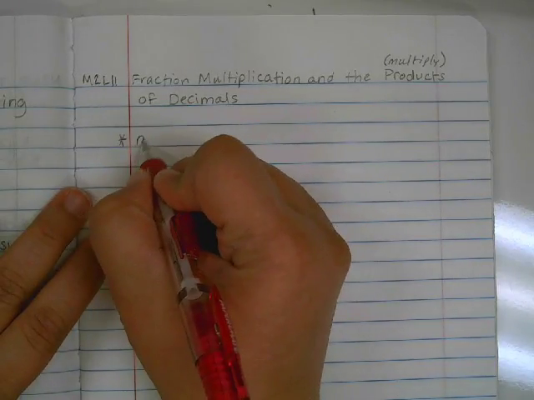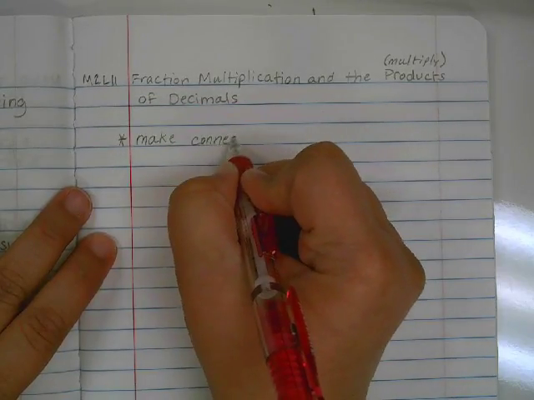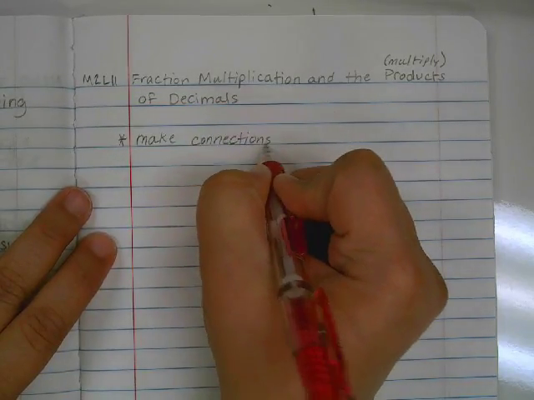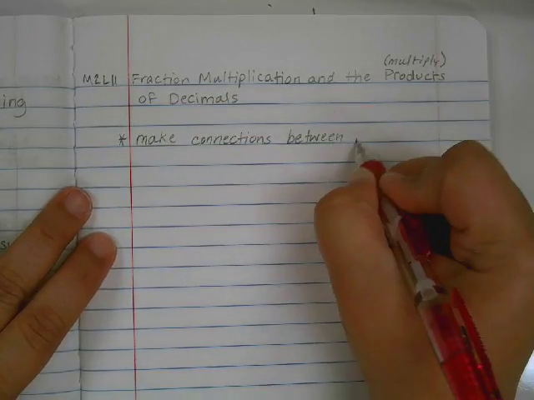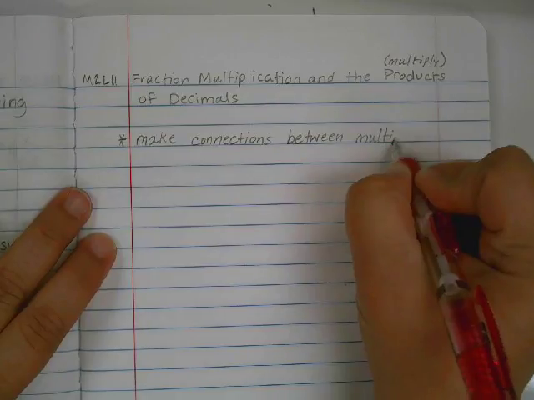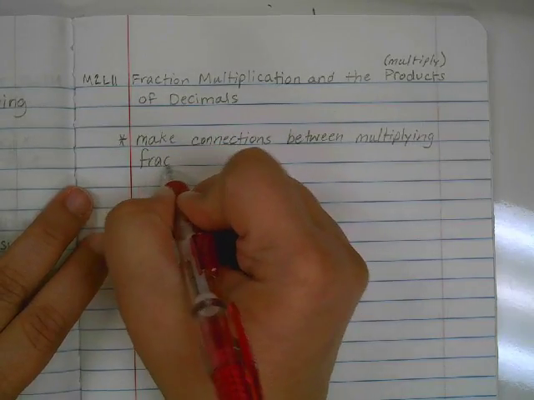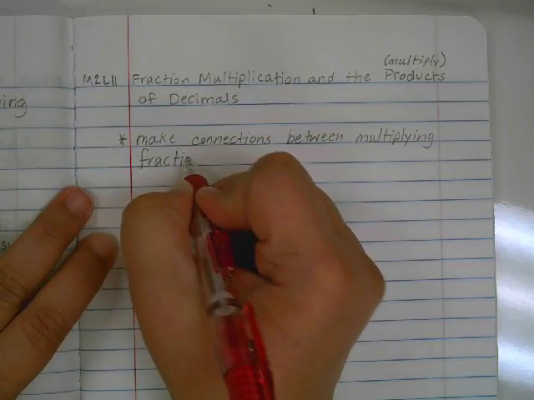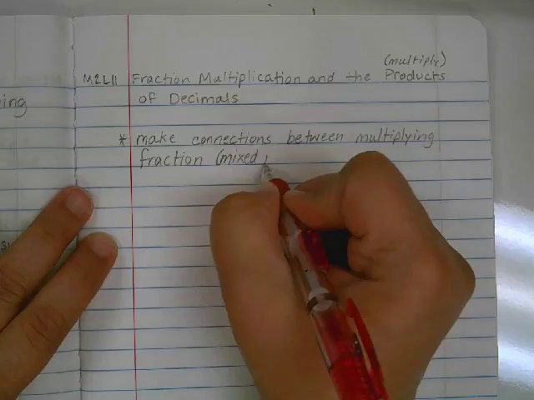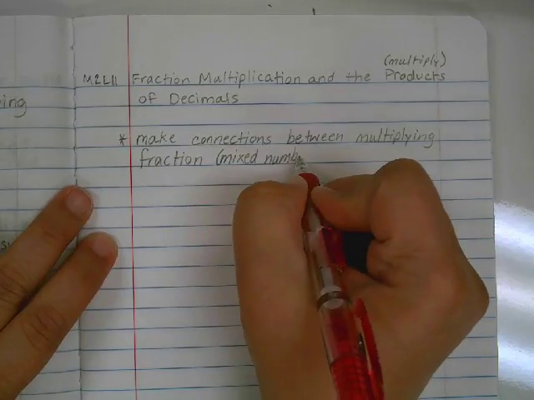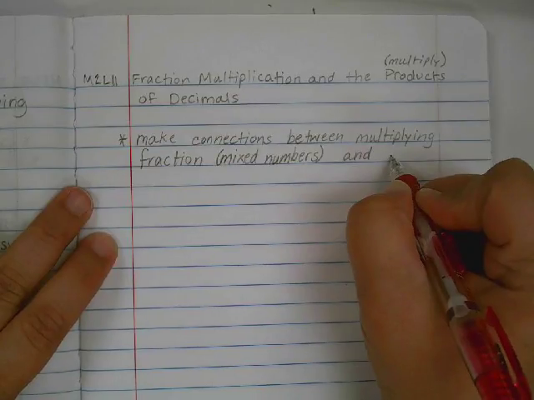So today we're going to make connections between multiplying fractions, specifically mixed numbers, and decimals.